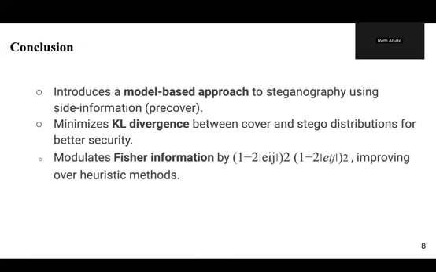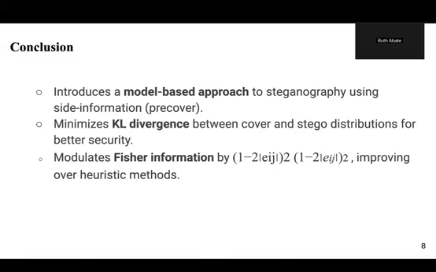One of the most important aspects of this research is the minimization of KL divergence, which measures the difference between the statistical distribution of the original cover and the stego object. The goal of effective steganography is to make the stego object indistinguishable from the original, preventing adversaries from identifying modification.